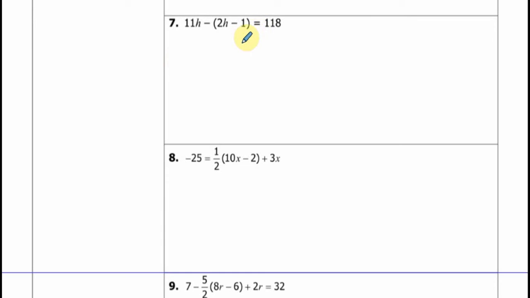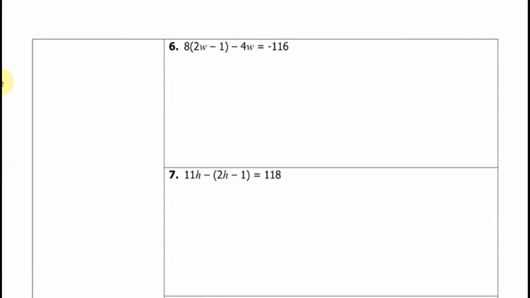Before we do that, however, I want to mention one type of situation that I didn't make clear last time, or we did not do an example of, and that would be like number 7 here. So this one is 11h minus parentheses 2h minus 1 equals 118. Now, we had done some like this with the parentheses, but like on number 6 here, there was a number in front to distribute.